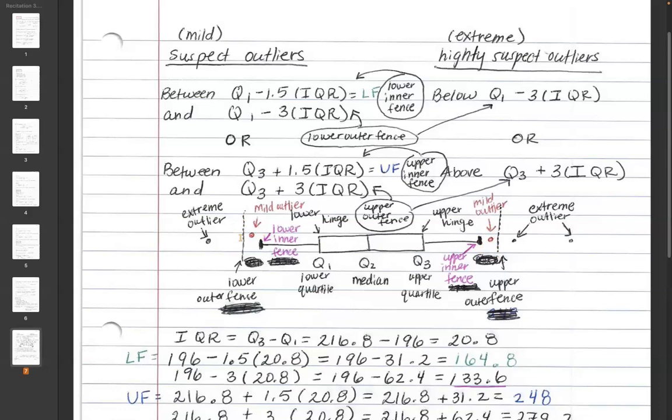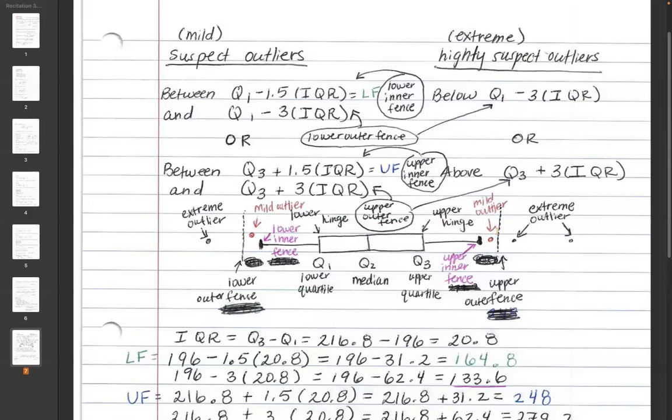And if we have a data point that's outside the outer fence, then it's an extreme outlier. So that would be in this right-hand case here, if it's below the lower outer fence. This dotted line here is calculated by Q1 minus 3 times the interquartile range.